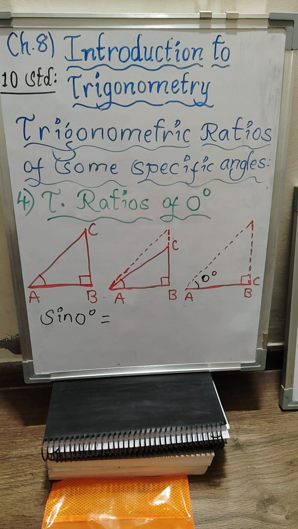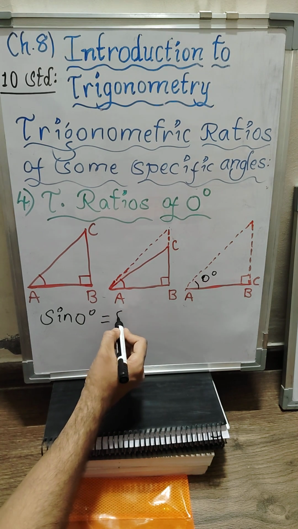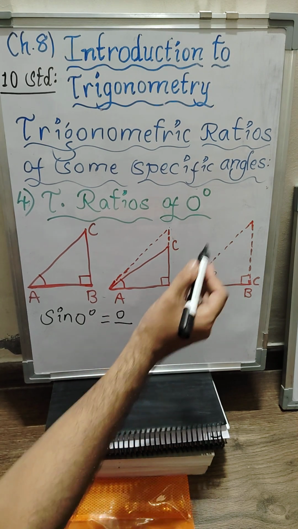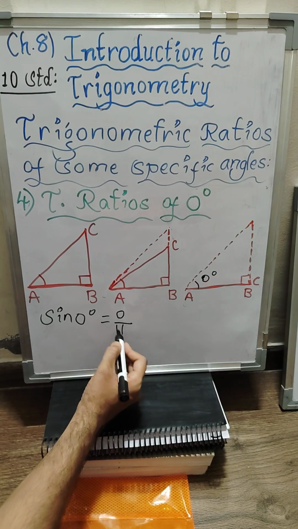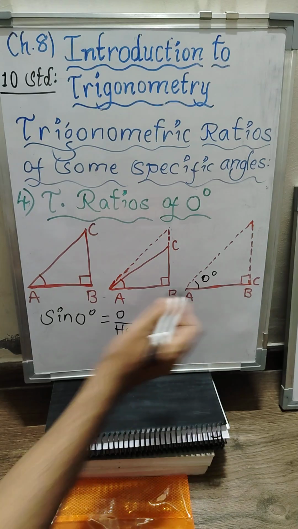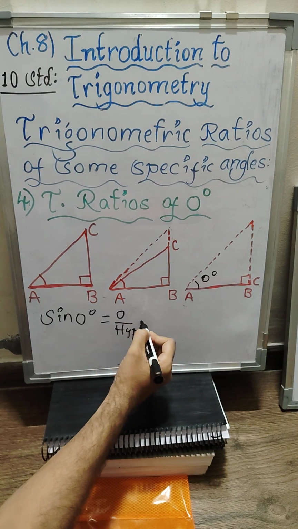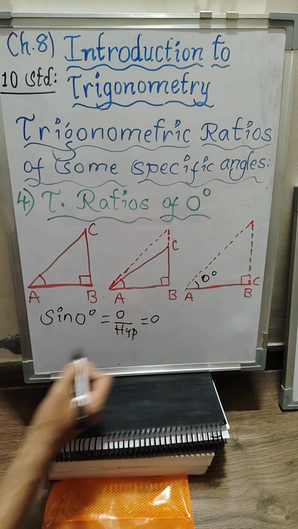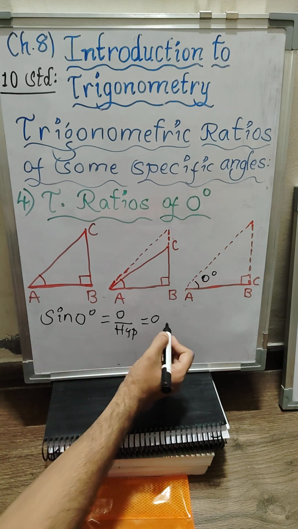So sine 0 degrees is equal to opposite side BC length, which is 0, divided by hypotenuse, whatever this length may be, but 0 by anything becomes 0 here. Sine 0 degrees is 0.